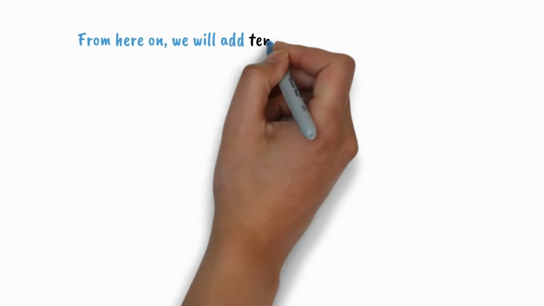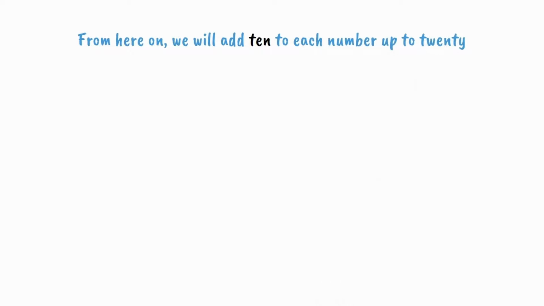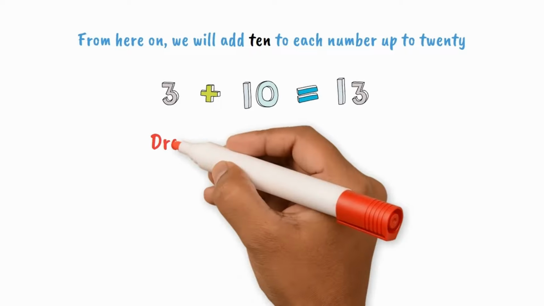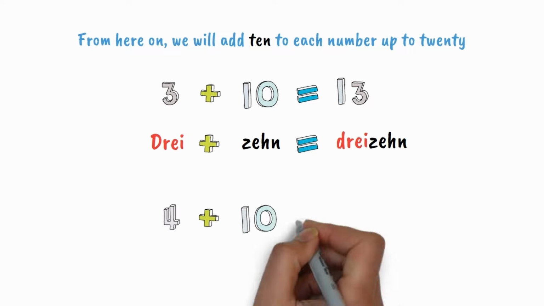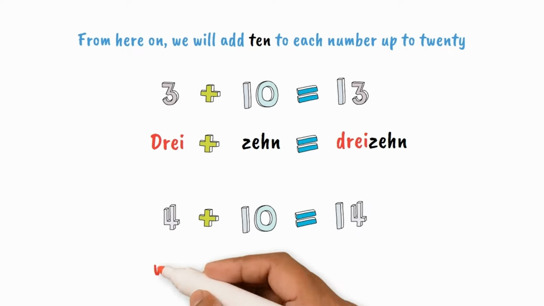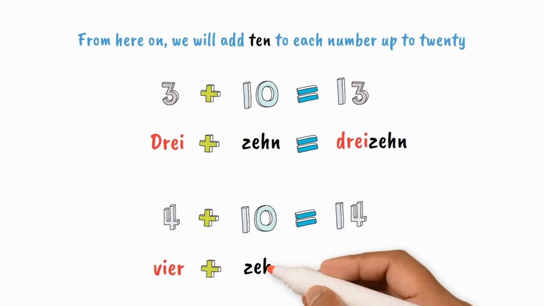From here, we will add 10 to each number up to 20. It is written like this: 3 followed by 10. To be together, 13. 4 followed by 10.